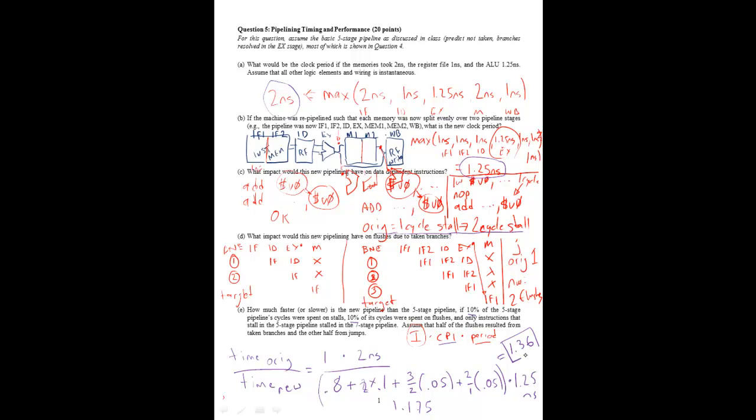And so it's about 36% faster than it was. So the clock frequency is quite a bit higher. The CPI is also a little higher, but not nearly as much higher as the clock frequency is. So we do get a net bonus.